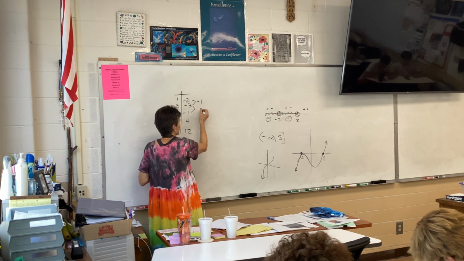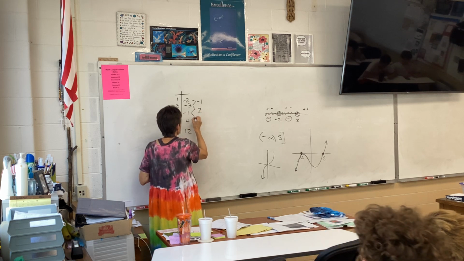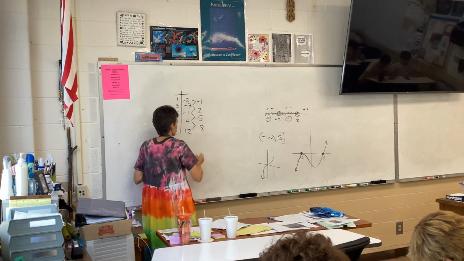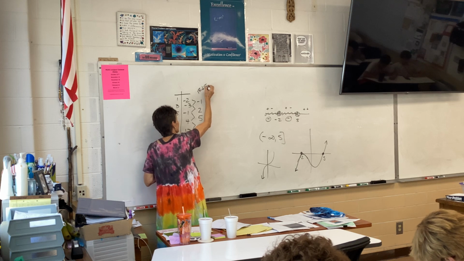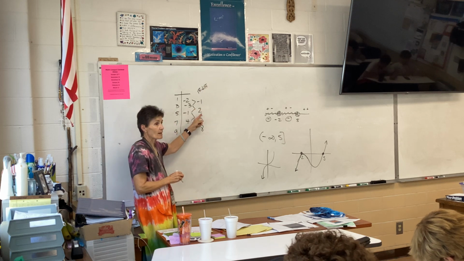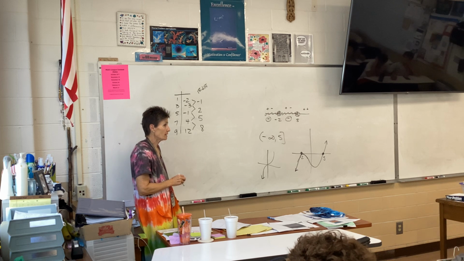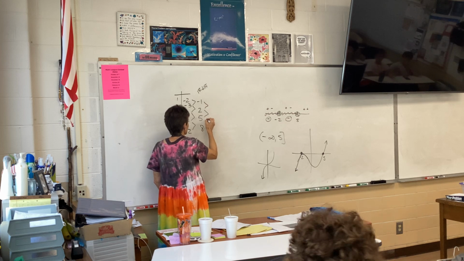This is 2. This is 5. And this is 8. These are called the first differences right here. Do they match? No. So we are not linear. All right, let's go to the next differences.